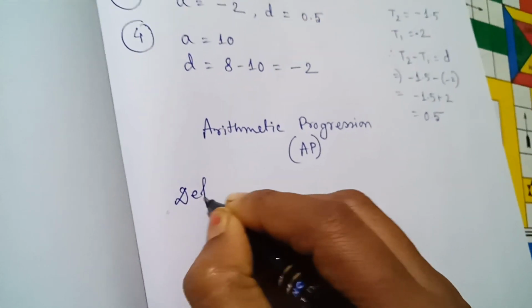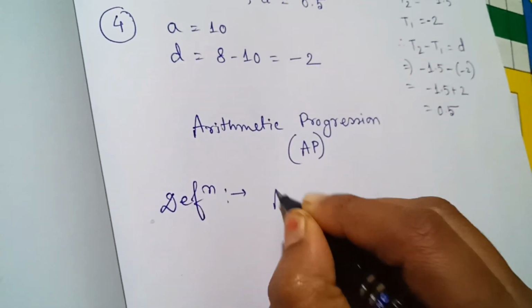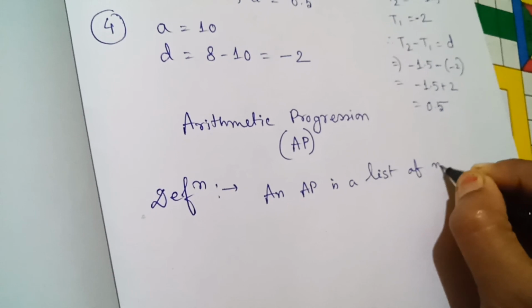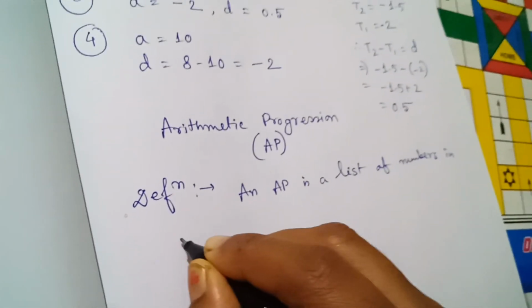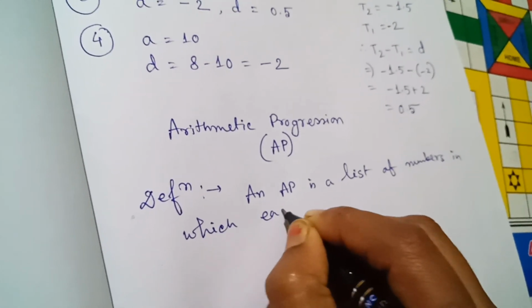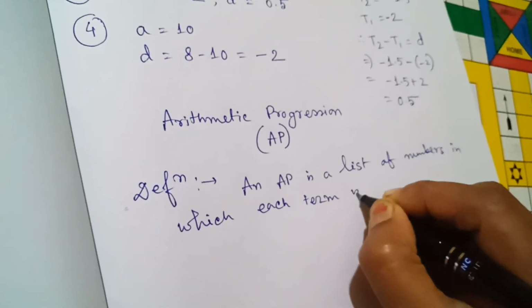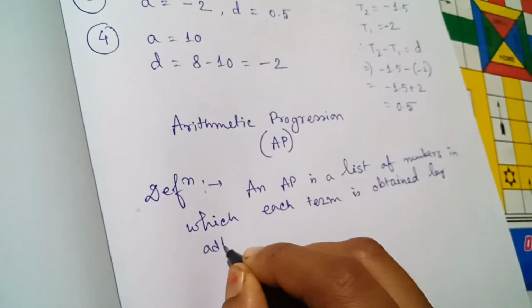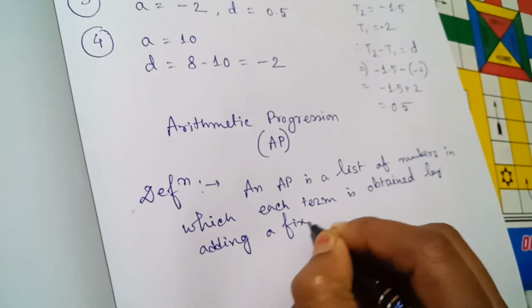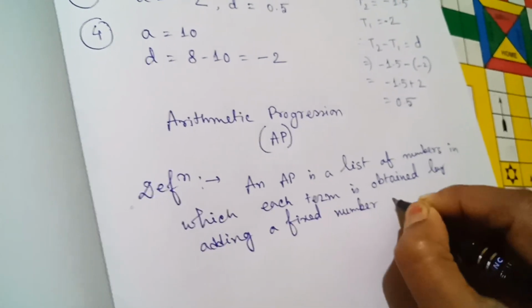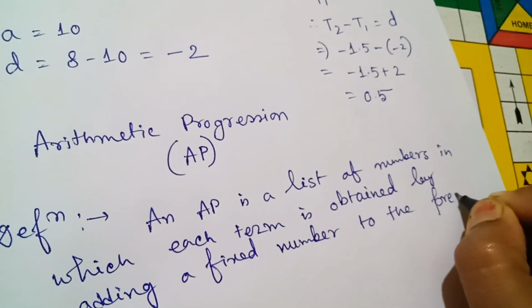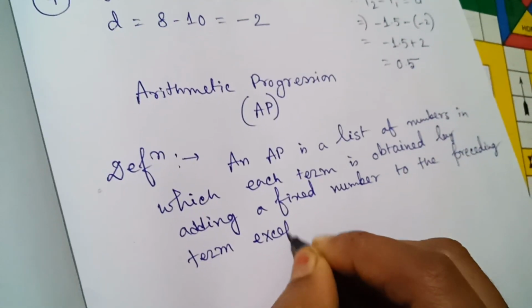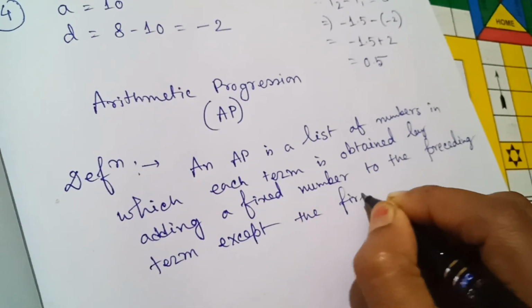So what will be its definition? The definition will be: an AP is a list of numbers in which each term is obtained by adding a fixed number to the preceding term except the first term.